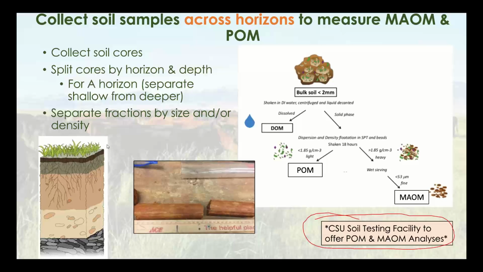So essentially, you collect your soil cores, and what's important here, when you go out to sample your soils, and especially when you're interested in carbon accrual, soils can expand and the bulk density can change. And so you can build upon the soil that's already there with enhanced inputs.